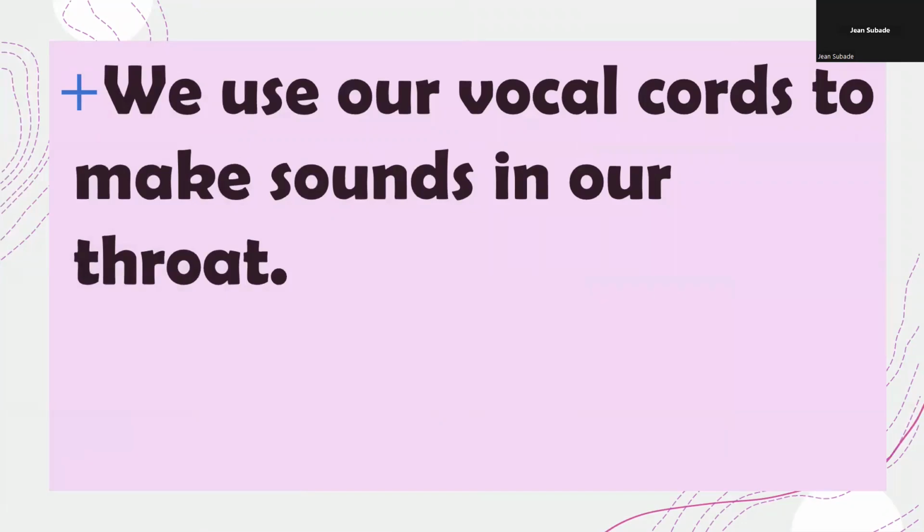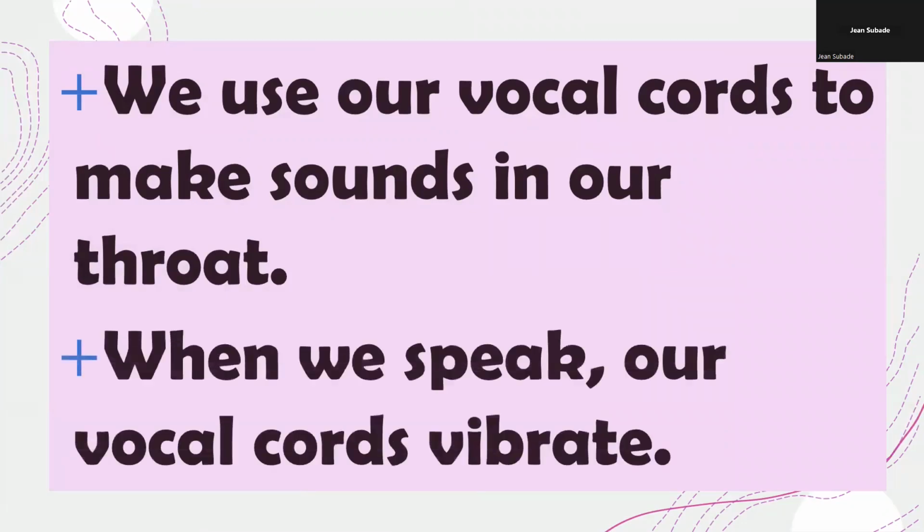We use our vocal cords to make sound in our throat. When we speak, our vocal cords vibrate. Try to touch your neck here, where the vocal cords are positioned, and then try to feel the vibration as you talk.